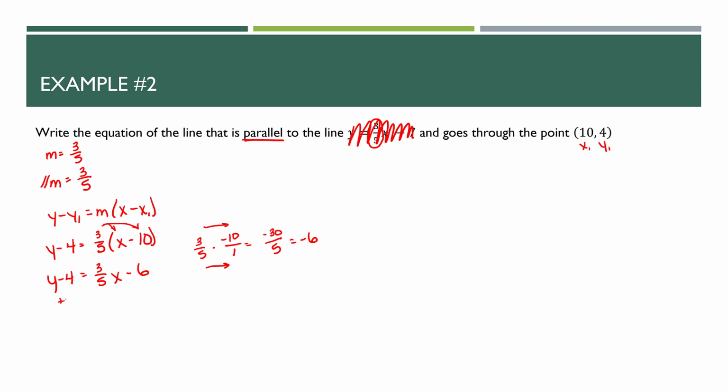And then I'll add 4. And this would be the equation of our line. This line is parallel to this original line, and this line that we just wrote goes to the point (10, negative 4).